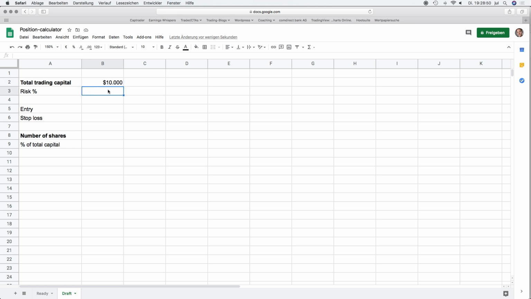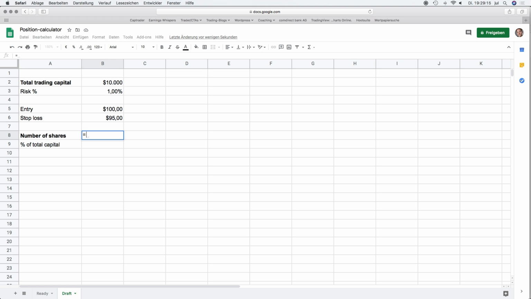This is a percentage formatted field, so 1%, and these are also currency fields. So there is no formula behind that. The only formula is in the number of shares. And here again, you can see the formula I'm typing in.